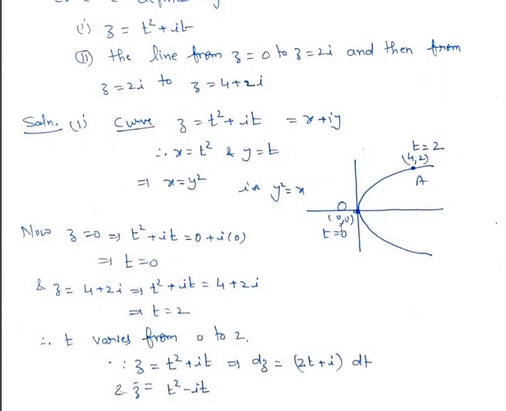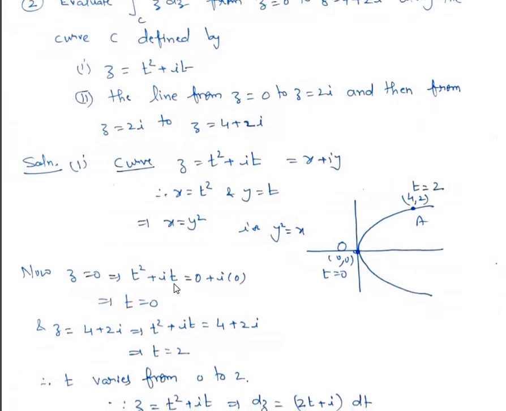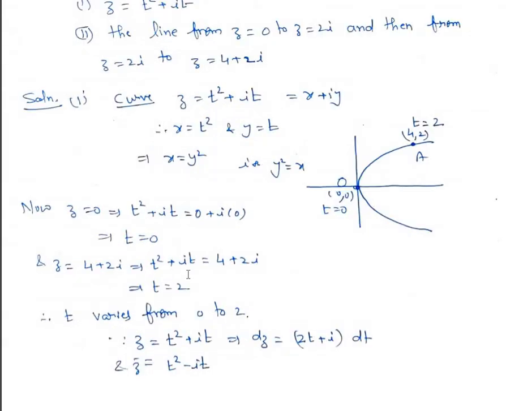Now, when z = 0, that means t² + it is 0 + i·0. So, therefore, t = 0. That means the origin corresponds to t = 0. And similarly, when z = 4 + 2i, that means t² + it is 4 + 2i, that means t² is 4, t = 2.